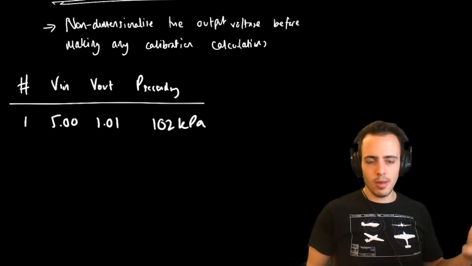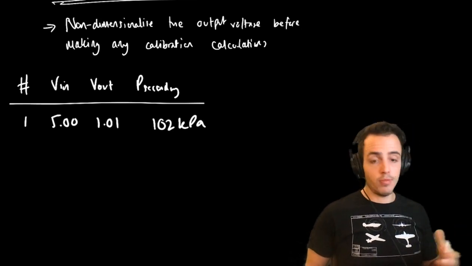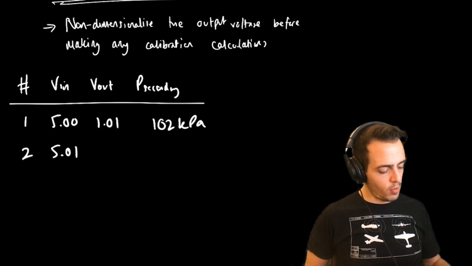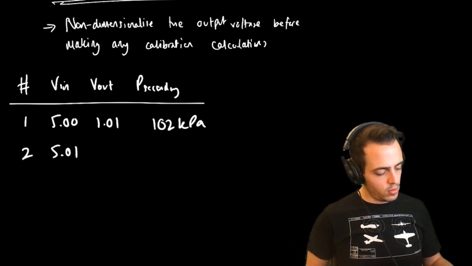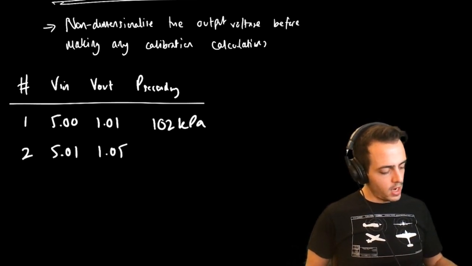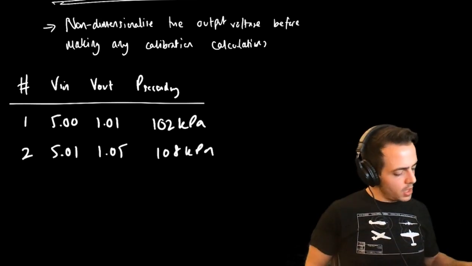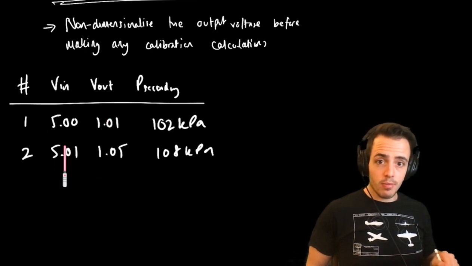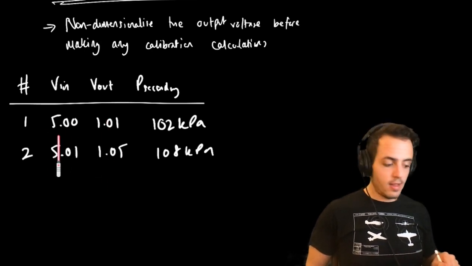These are just numbers, we're not using them for any recording. I could then say number 2, my supply voltage might have increased to 5.01. I've then gone to 1.05 and I've gone up to 108 kilopascals. Now the change in the output voltage includes the respective change in these numbers here.